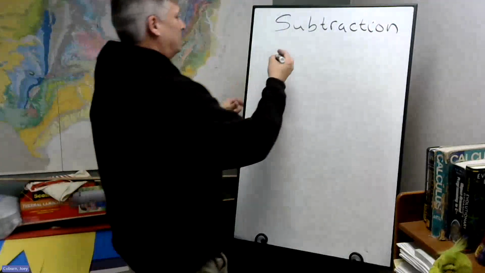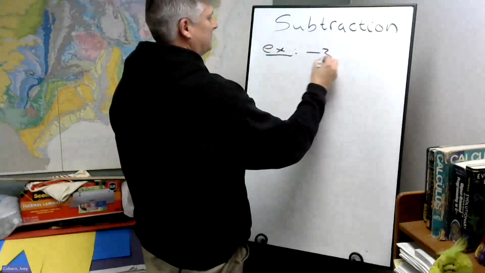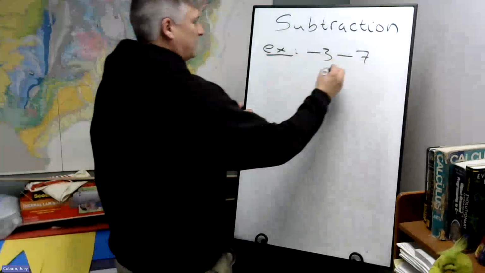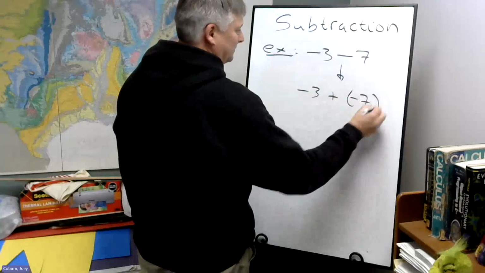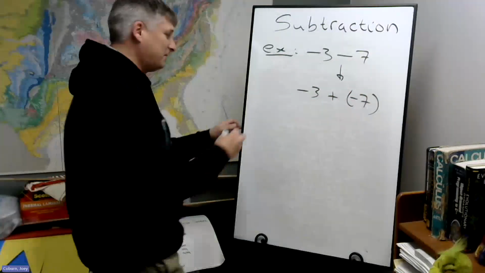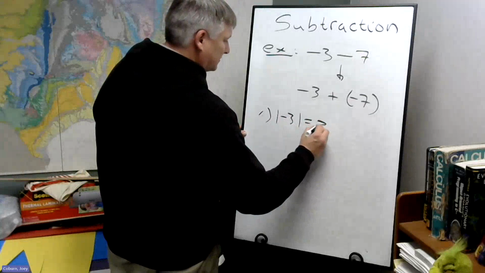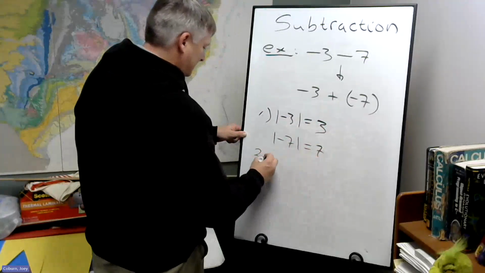So for example, -3 subtract 7. Again, let's turn this into adding a -7. Both are negative, so we'll use the procedure for when both numbers are negative, which means we take the absolute value of both sides.